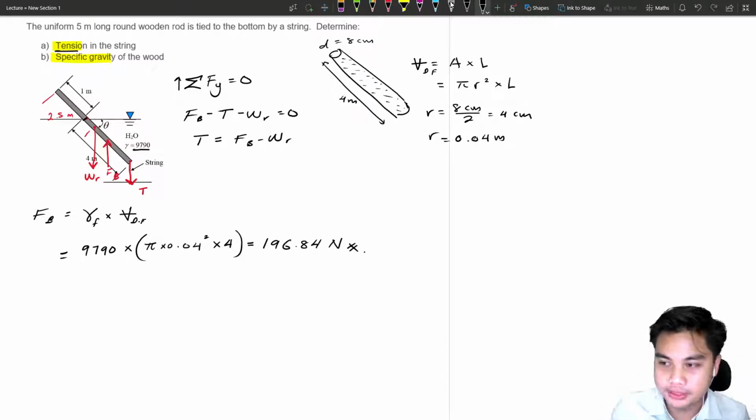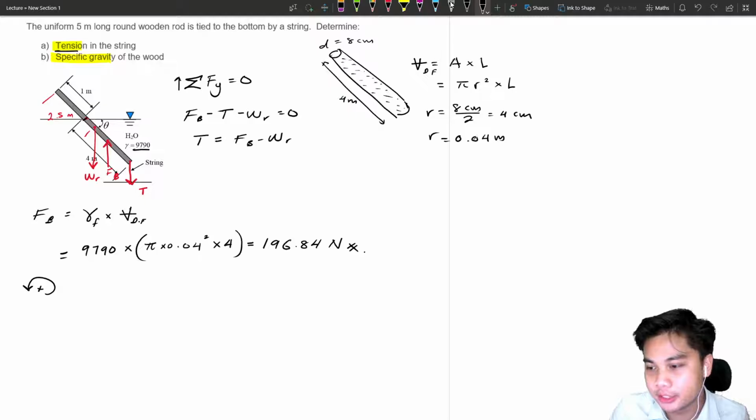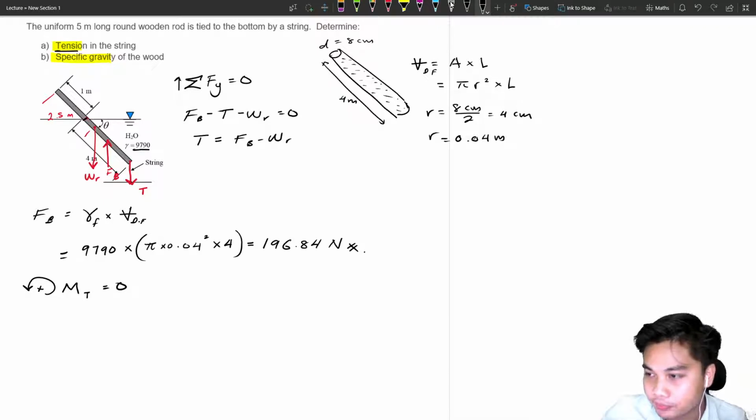So how do we get the weight of the rod? For this case, we can apply moments. Summation of moment, positive anti-clockwise, at point T, equal to 0. Start from this point, from here to here, we have the angle theta. Let's say this is FB in the X direction.